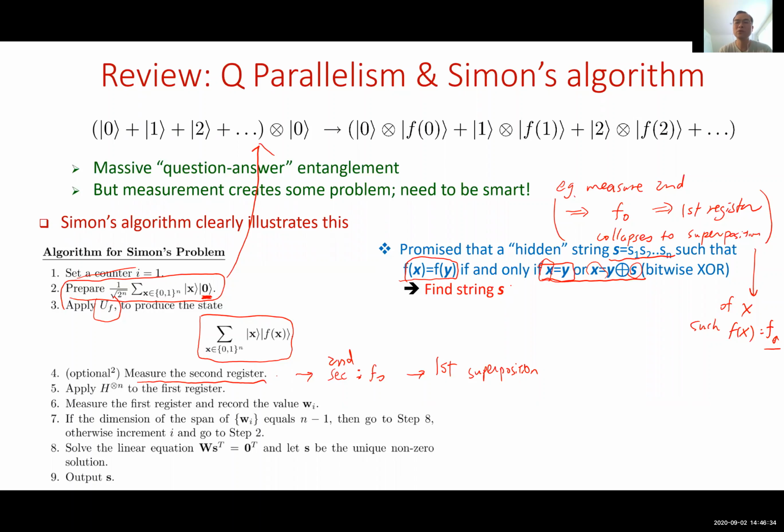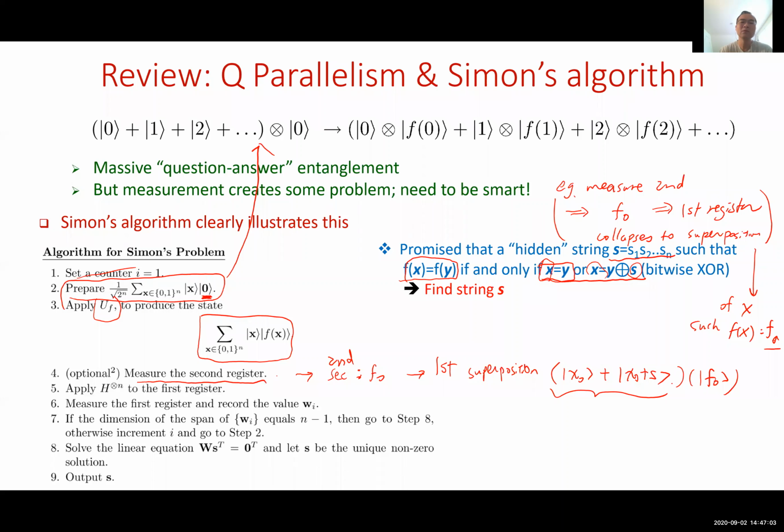But according to what's promised here, there are only 2. There could be some x0 and then x0 plus S that evaluate to f sub 0. So this is the first register.